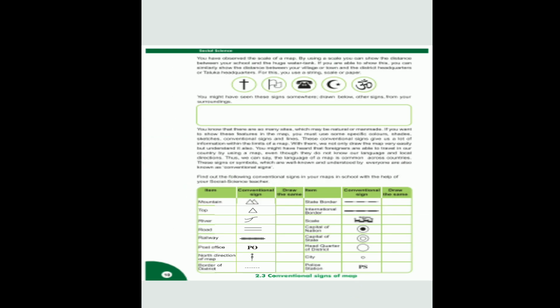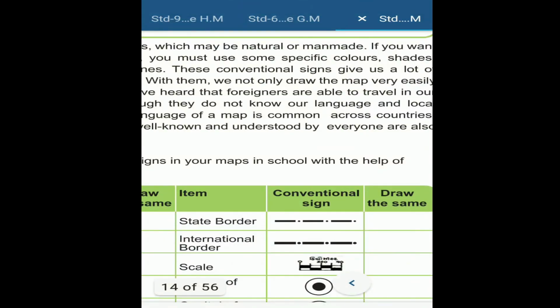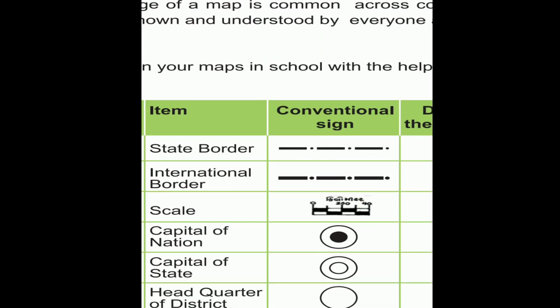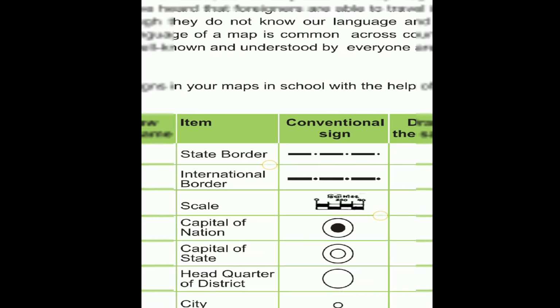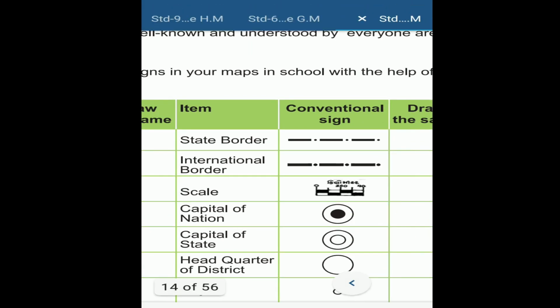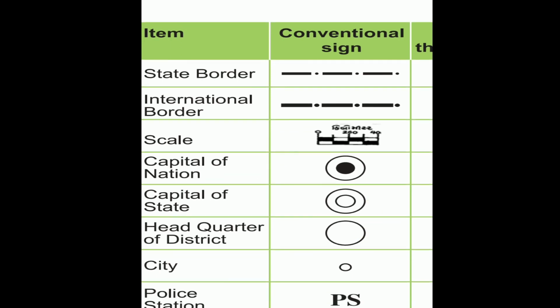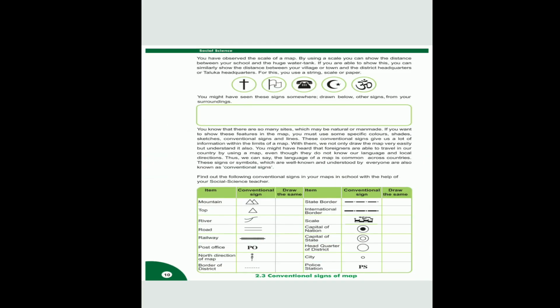Border will be the border of a state or a particular district. Here we will see the state border, it will be darker. The international border will be even darker. This will be the scale. Capital of nations, capital of state, headquarter will be like this, and your town, your city will be like this, and police stations will be PS. So these are some conventional signs, and they describe various features to us.